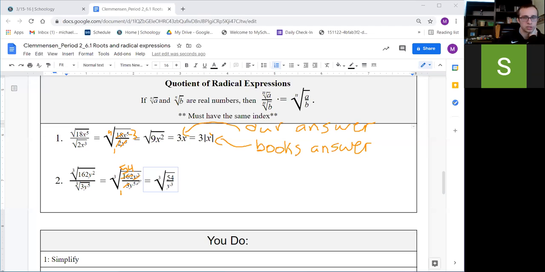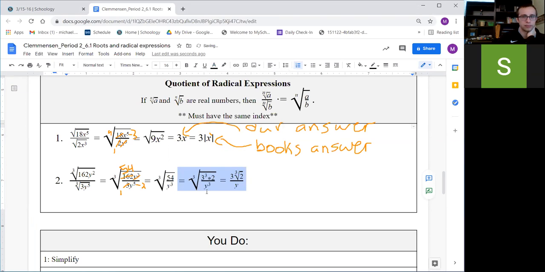Cancel this one out, subtract 2 up here. 5 minus 2 gives me that 3. Then it's the same process we did before with factoring a little bit more. Rewrite them as cubes. We've actually already done 54 from above, so I just took my factored form from above and put it here. y cubed was already a cube, so that's nice. So we end up with 3 and a y on the outside, and the 2 left over on the inside. That's my final answer.